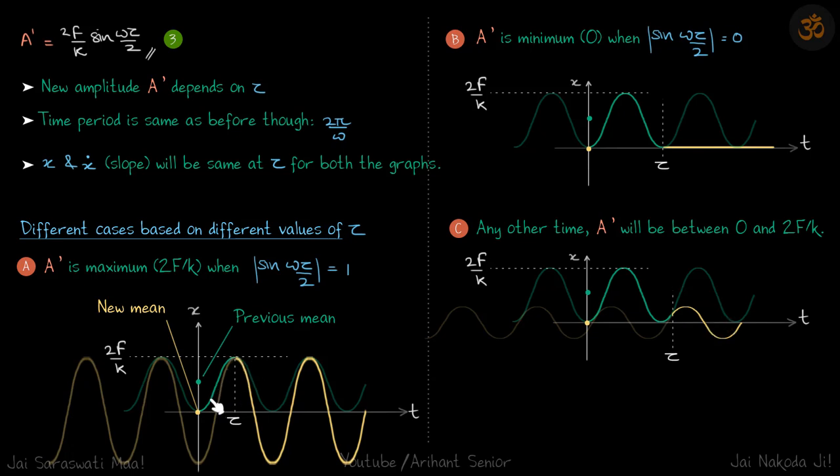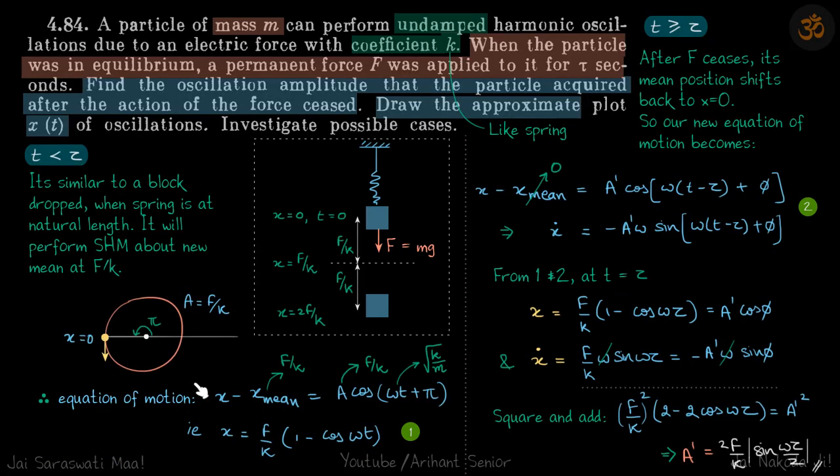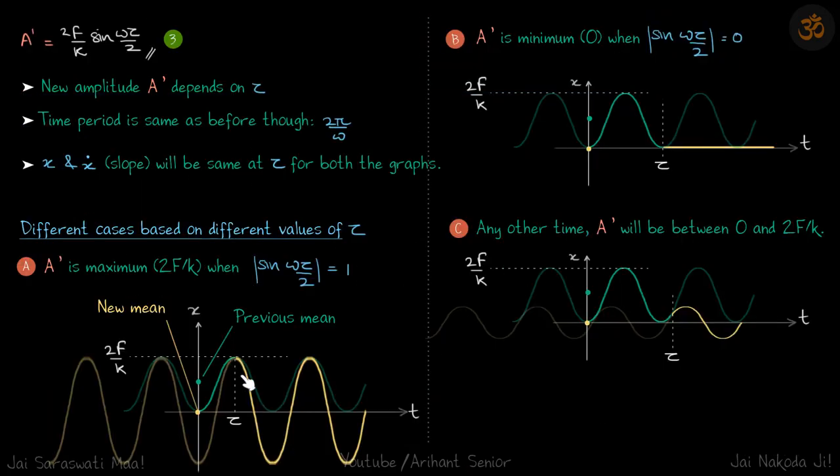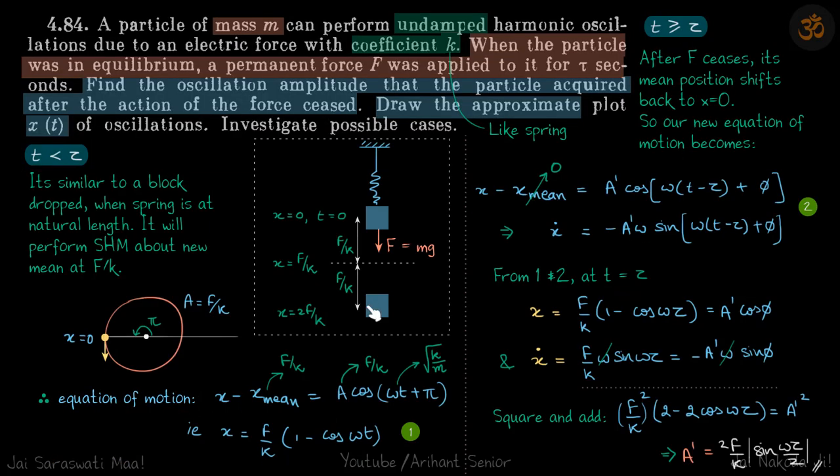Now in the green line, you can see the particle is performing SHM about its mean position, which is at F by k. So just like here. And after tau time, when the force ceases to exist, the particle will perform SHM about its new mean position, that is x equal to 0 here, which we discussed: once the force stops, the mean position shifts to x equal to 0.